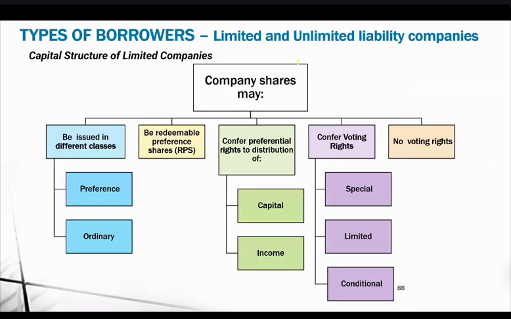Okay, now here I want to explain some terms for you guys. What is the difference between ordinary shares and preference shares? Ordinary shares convey absolute ownership with voting rights.